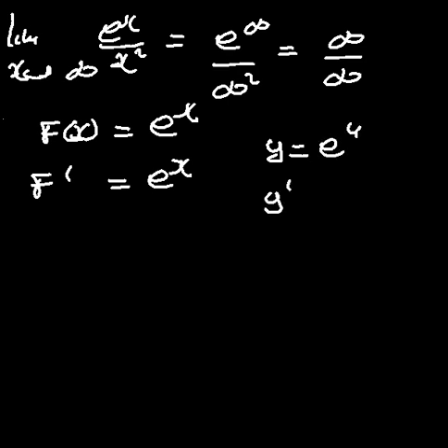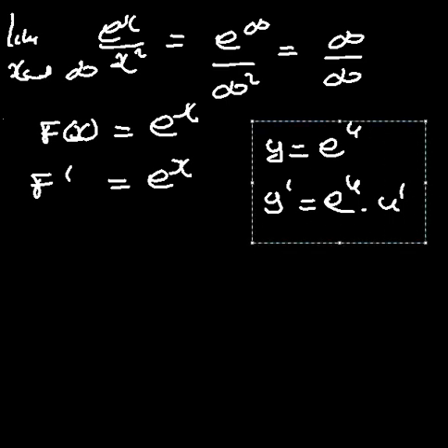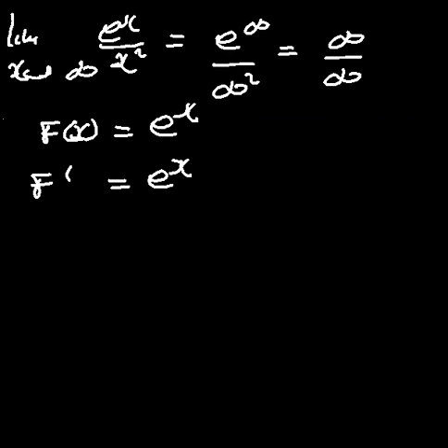The derivative has to be given as the same function times the derivative of the power. In case you don't know that, keep that in mind. So what is the derivative of the function? We'll have it as the same function times the derivative of the power, which is 1. So we have e to the power x.